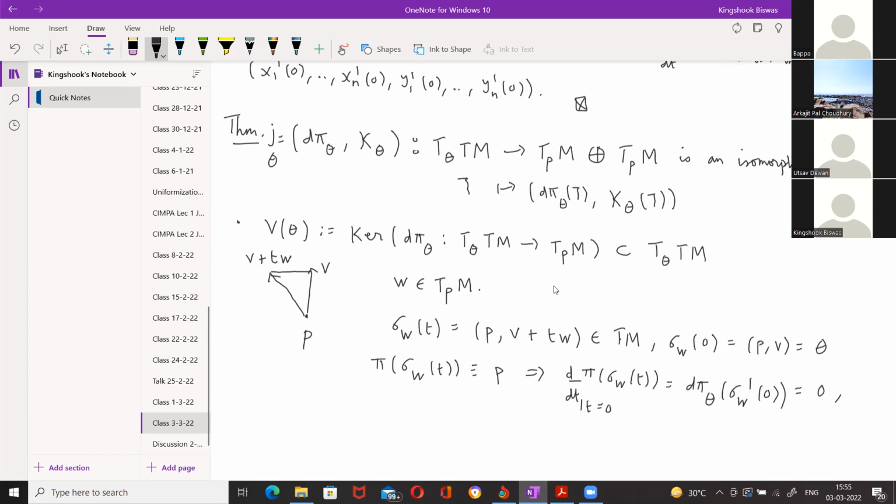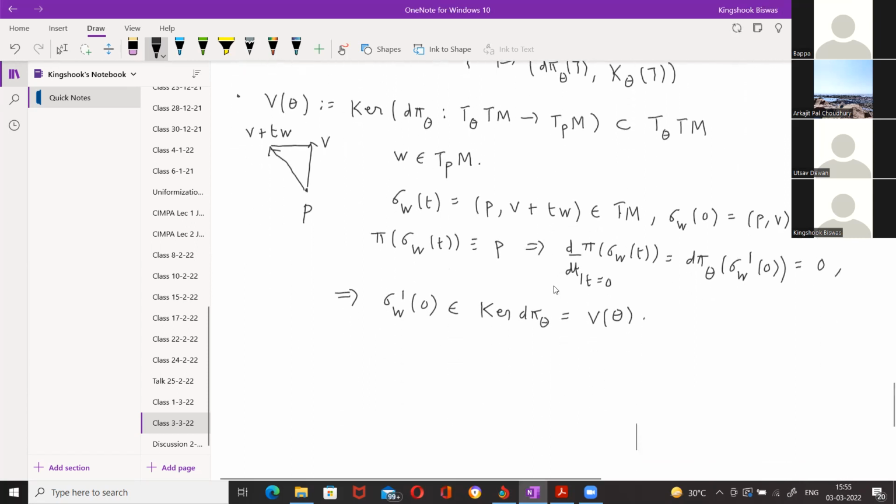That means sigma w prime 0 belongs to the kernel of d pi theta, which is V theta.